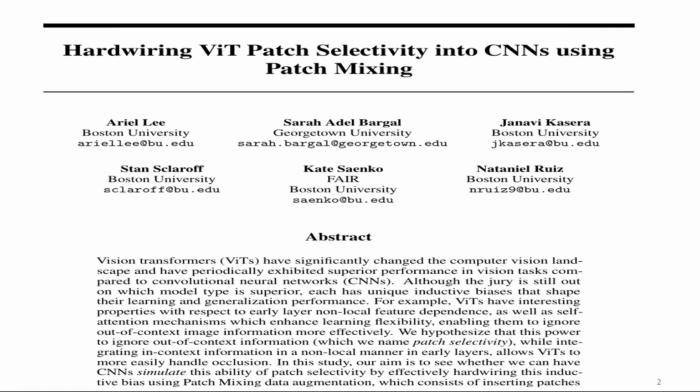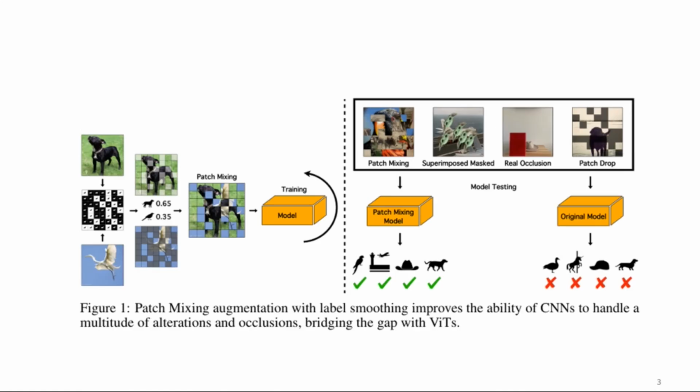One of the most fascinating aspects of ViTs is their ability to ignore irrelevant or out of context information while focusing on in-context features, a concept known as patch selectivity. This property is particularly useful when dealing with occlusion in images, where irrelevant parts of the image can be filtered out early in the network.